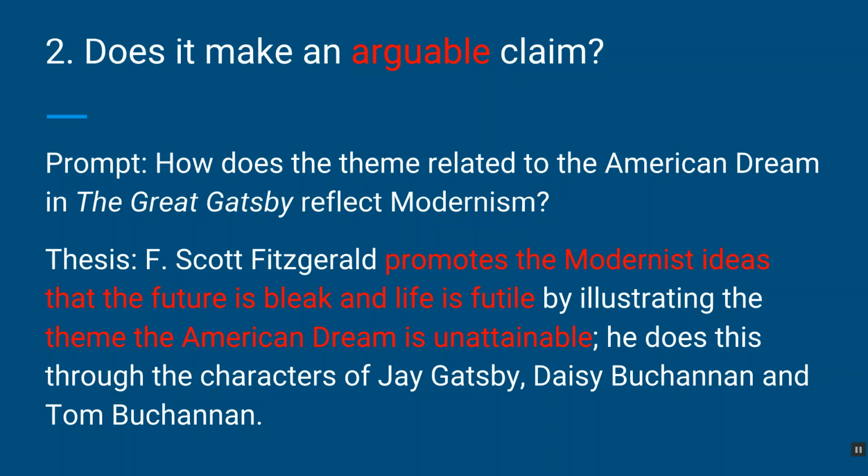So one part of the prompt is asking you how it reflects modernism, and you could say that it reflects other modernist ideas, but the ones that are focused on here, the future is bleak and life is futile, is part of the argument that is supporting the other half of the thesis, which is that the American dream is unattainable.